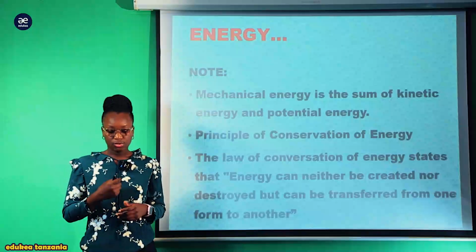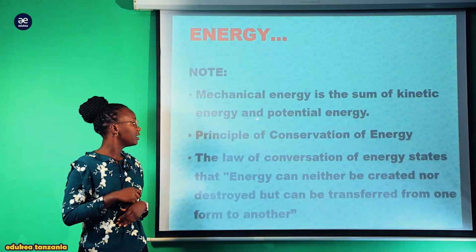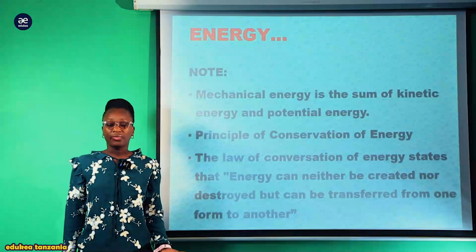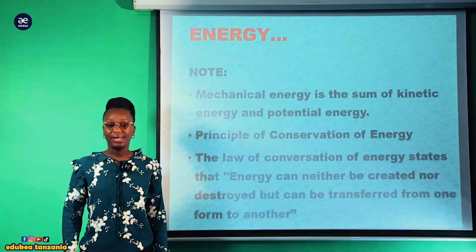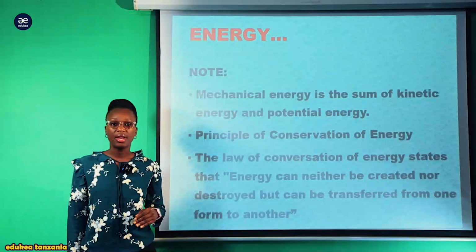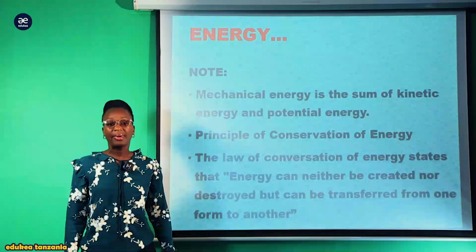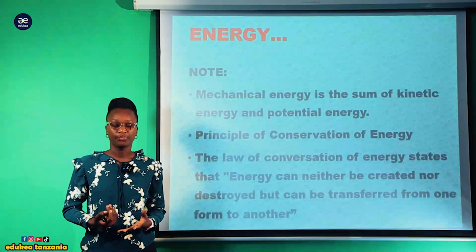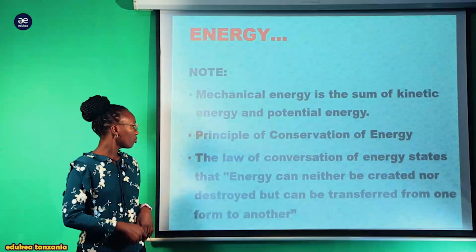Now my student, something to note here is that mechanical energy is the sum of kinetic energy and potential energy. We have seen that kinetic energy is energy possessed by the body in motion, and potential energy is energy possessed by the body due to its position. Mechanical energy is the addition, the sum total of kinetic energy and potential energy.